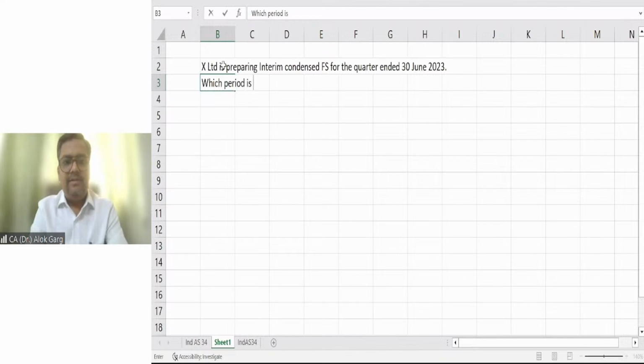Which period is required to be presented in such interim financial statement?